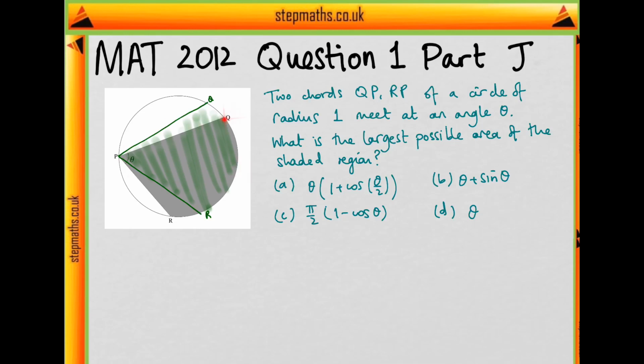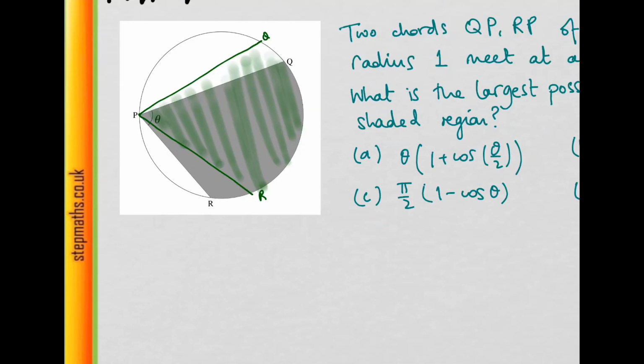So the area of this green region here. When looking at areas of regions of circles, I find it's generally useful to try and split this up into sectors and triangles. So the center of the circle is about here. So I can use that, and I'll know that these two are radii of my circle, and this circle has radius 1, right?